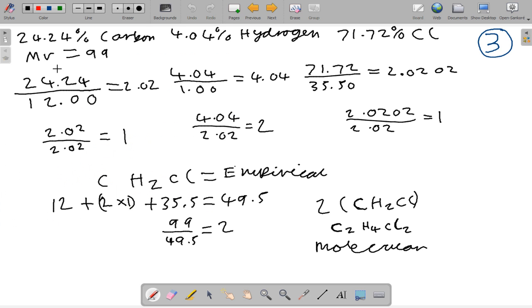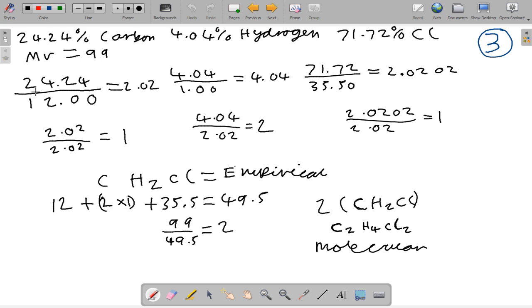Looking at the question now, 24.24 over 12 is 2.02, and 4.04 over 1 is 4.04. 71.72 over 35.5 is 2.0202. So dividing by the smallest, we have 2.02 over 2.02, which is 1, and 4.04 over 2.02 is 2, and 2.0202 is about 1.